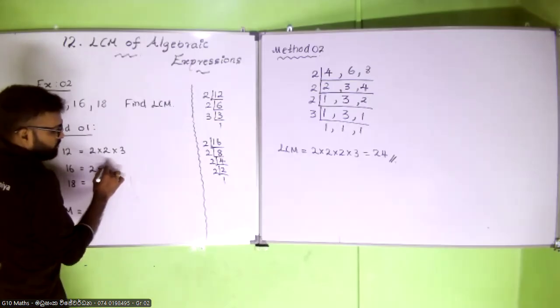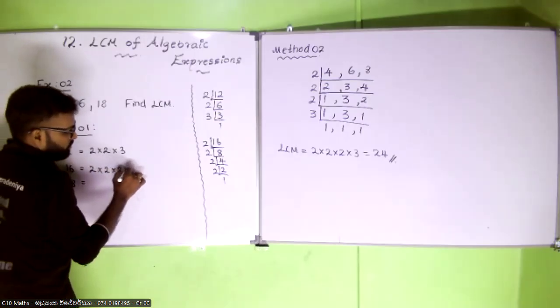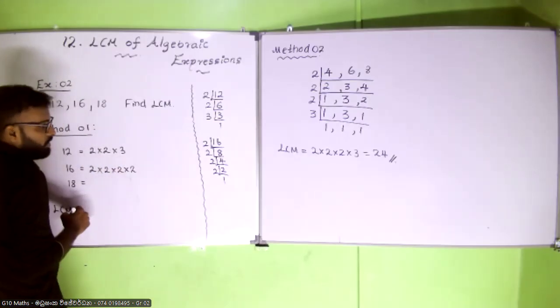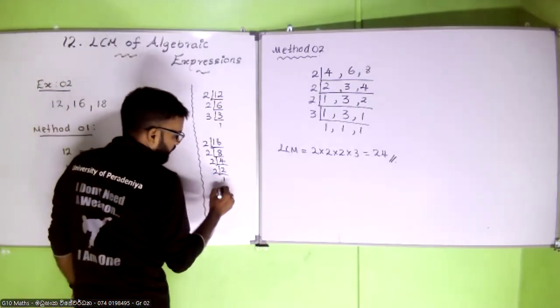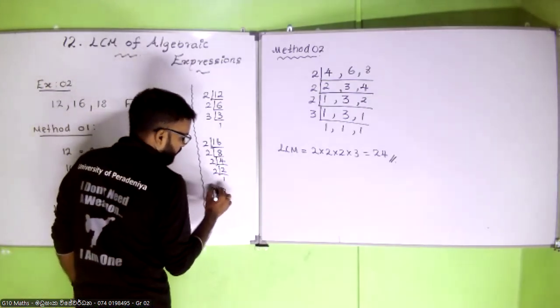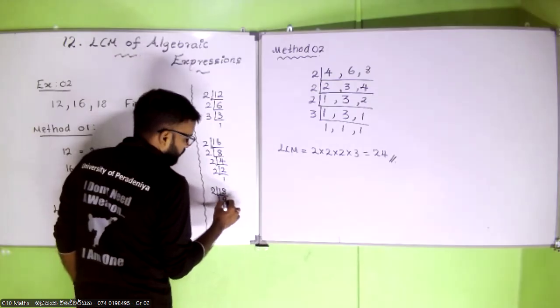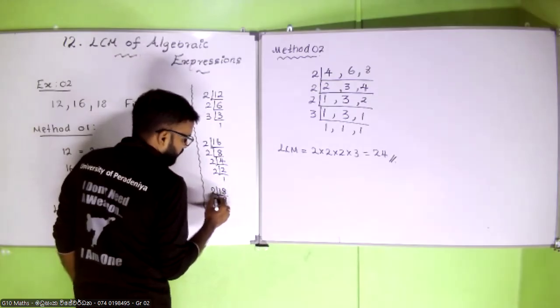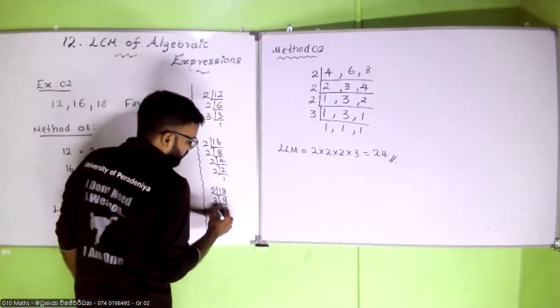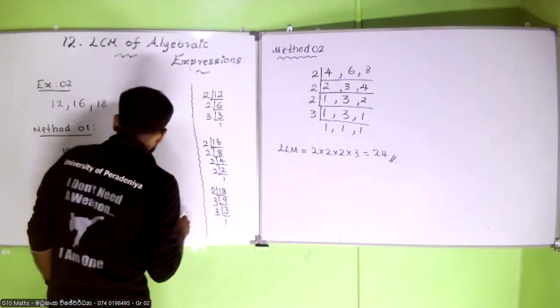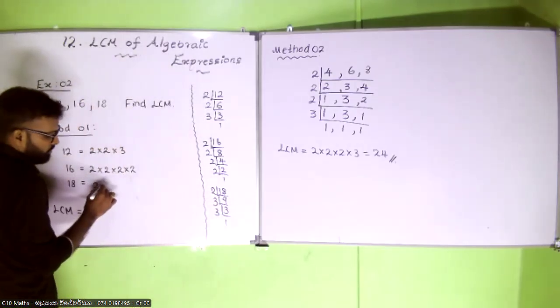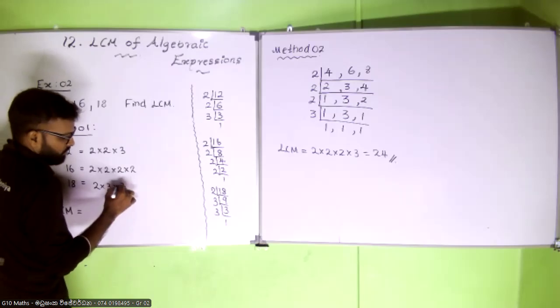That means 2 times 2 times 2 times 2. Then I have 18, divided by 2, 2 times 9, then 3 times 3, 3 times 1. So 2 times 3 times 3.